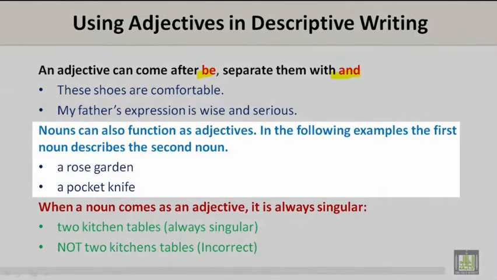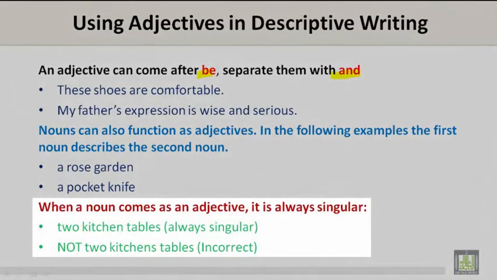In the following examples, the first noun describes the second noun. A rose garden. A pocket knife. When a noun comes as an adjective, it is always singular. 2 kitchen tables. Always singular. Not 2 kitchens, tables. This is incorrect.